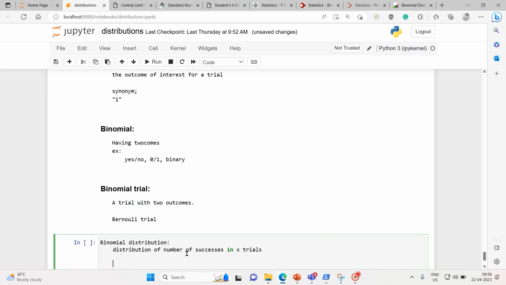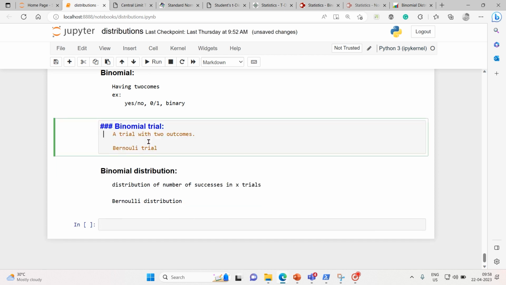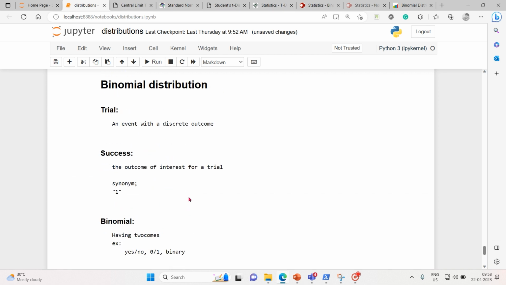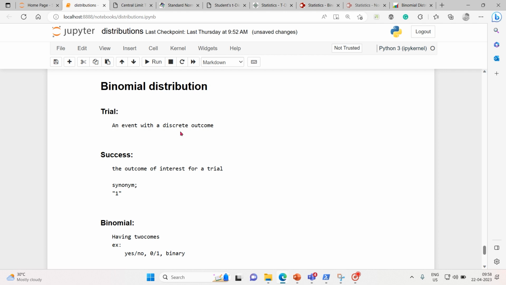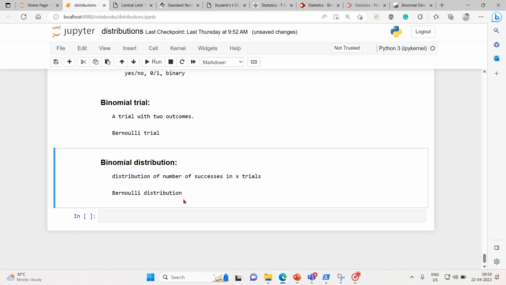This is also known as the Bernoulli distribution. These are the most important terms of the binomial distribution: trial, success, binomial trial, and binomial distribution.